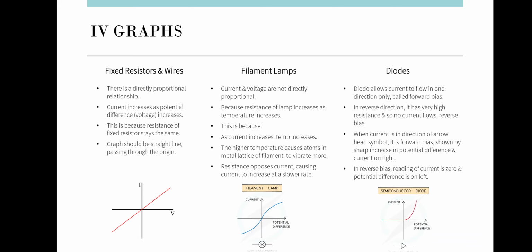Moreover, the potential difference is on the left and current is also on the left hand side, which is reverse bias. On the right hand side, which is forward bias, the current is in the direction of the arrowhead symbol, and there is a sharp increase in potential difference and current both. Remember the graph and explanation. These are very important graphs.